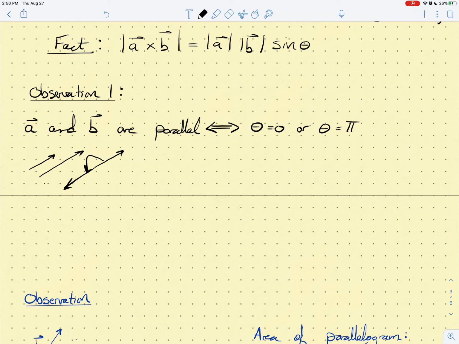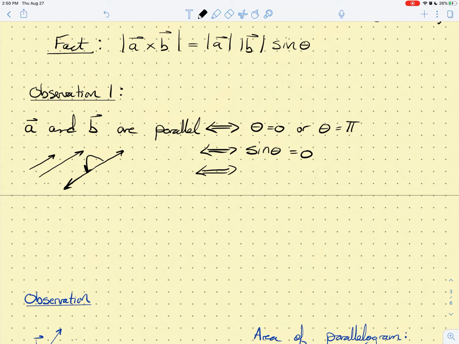All right, well, in either case, whether theta is 0 or theta is pi, you can conclude that the sine of theta equals 0, right? Because if theta is 0, then sine theta is 0. If theta is pi, sine theta is 0. But if the sine of theta is 0, using this formula, you know that the length of the cross product is 0.